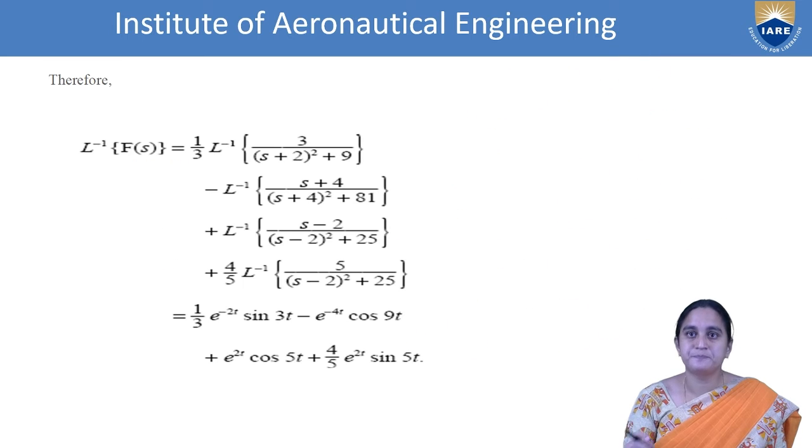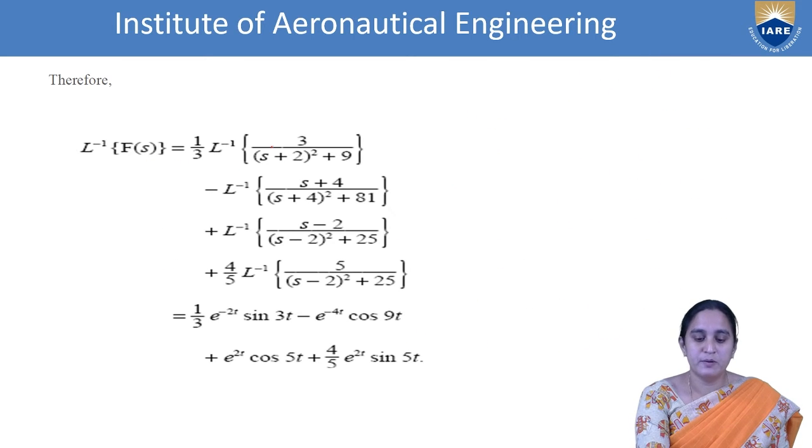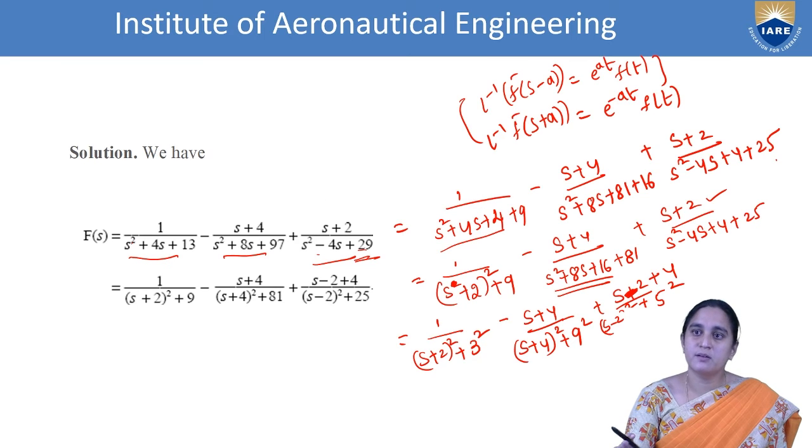Next step, that is 1 by 3 into, what about the previous steps here? Once you observe, 1 by s square plus a square form, minus s plus 4 by s plus 4 whole square plus 9 square, plus s minus 2 plus 4 by s minus 2 whole square plus 5 square.